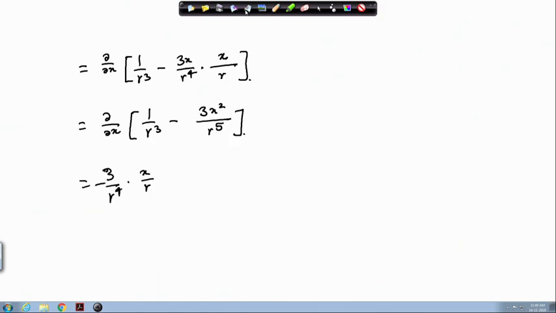So, the first term will yield this thing, minus 3 by r to the power 4 times x by r, minus 6x by r to the power 5, and then minus this will turn into a plus, and then we will have 15 x square by r to the power 6 times ∂r/∂x.